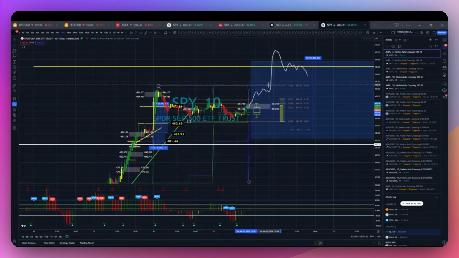486, I wouldn't go 486 because 486 probably won't. You might get some points on it on the run up, but it's too far out. I'm just very finicky.